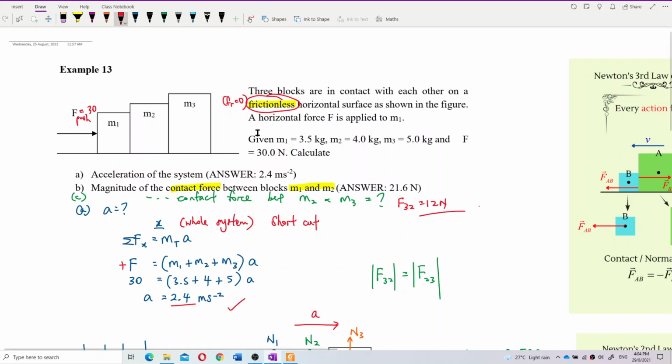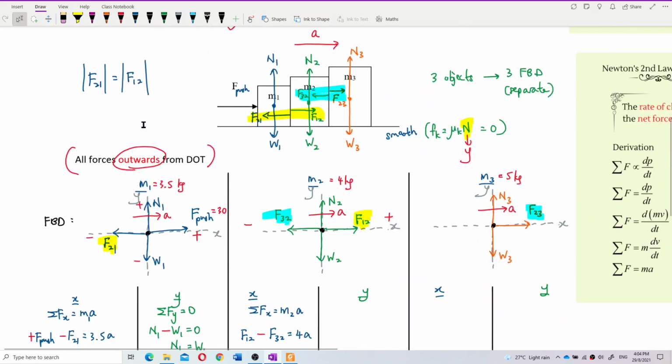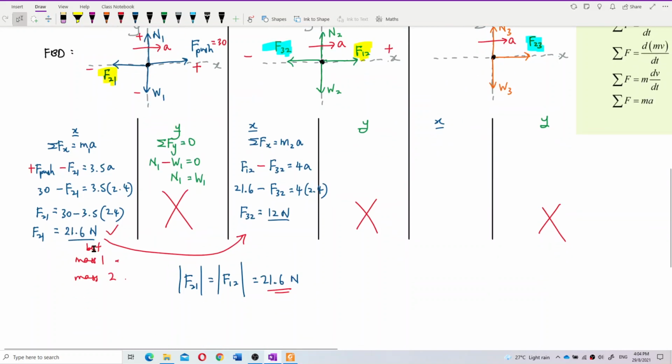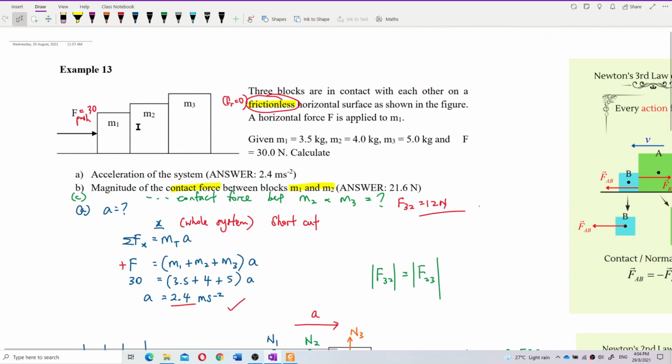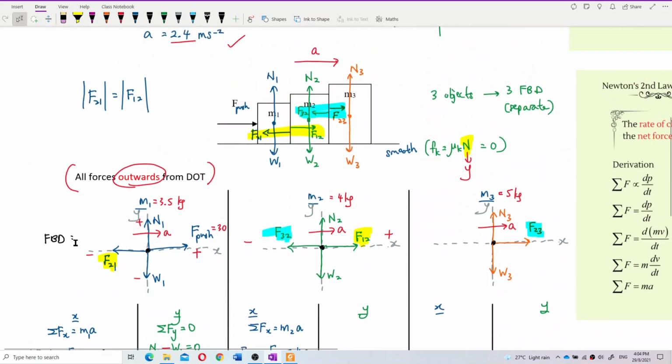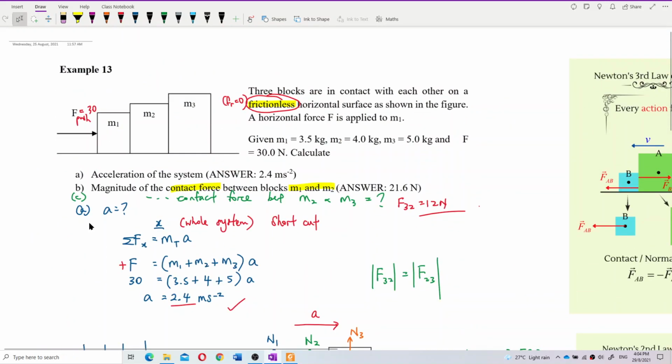Mass 1 is pushed with 30 Newton, but mass 1 pushes mass 2 with F12, 21.6 Newton. You see, less already.